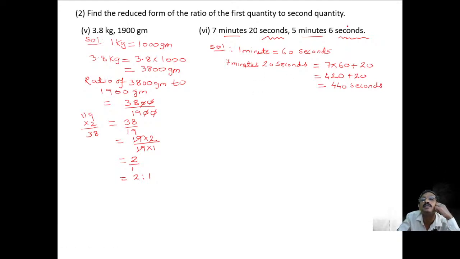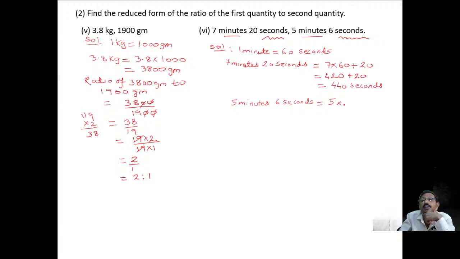Now one more part is remaining, 5 minutes and 6 seconds. Similar. So we write here 5 minutes 6 seconds, which is equal to, we have got 5 minutes with us. So this will be equal to 5 into how many? 1 minute is 60 seconds.